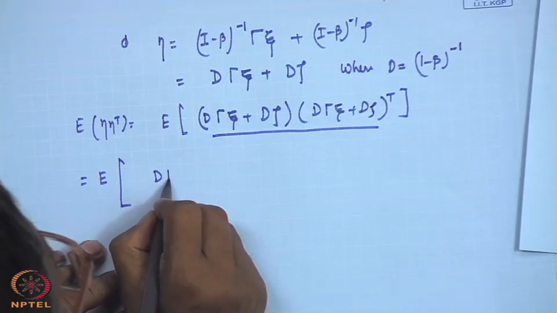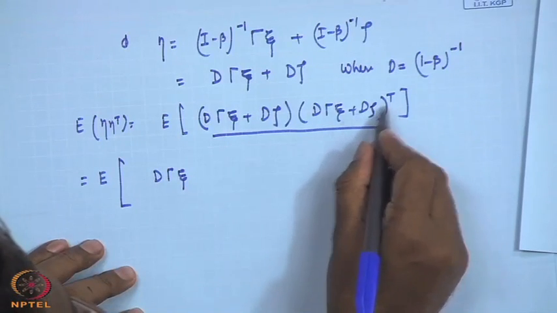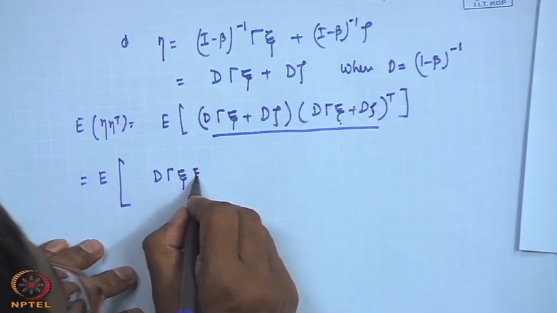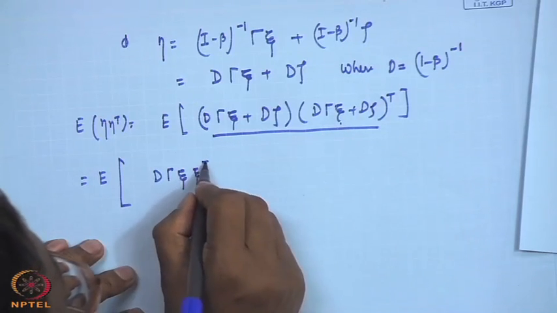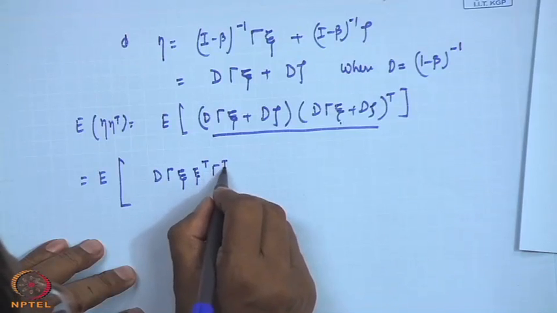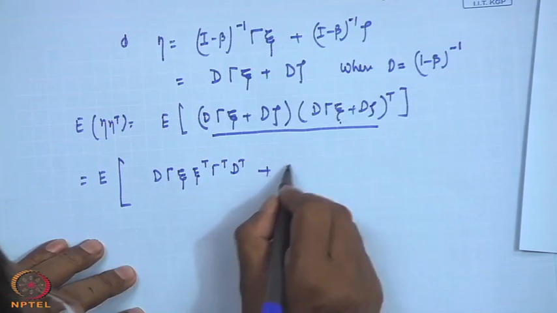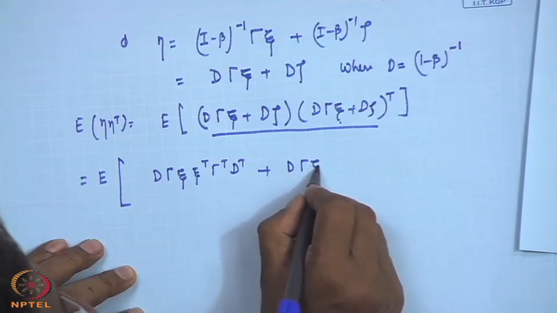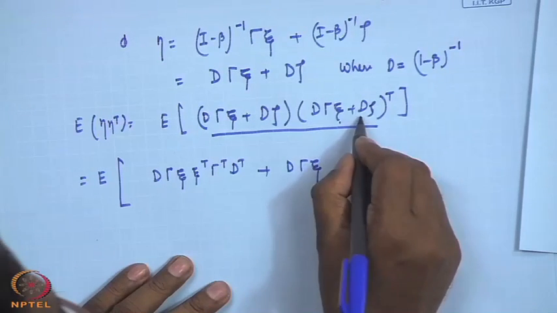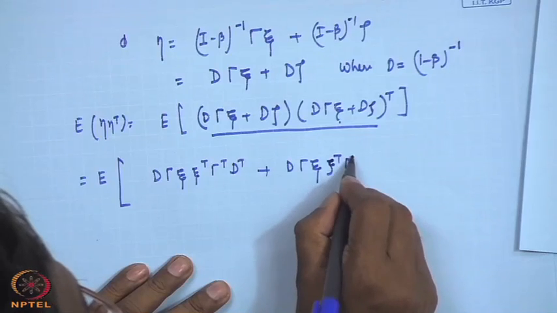D gamma xi, now transpose of this, it will be just reversed: xi transpose, gamma transpose, D transpose, plus D gamma xi, this one zeta transpose, D transpose.